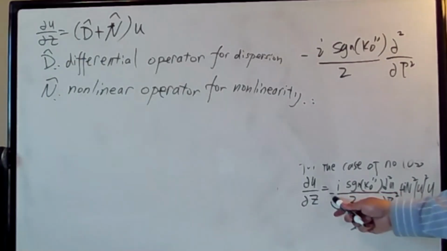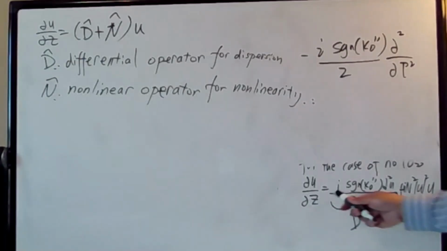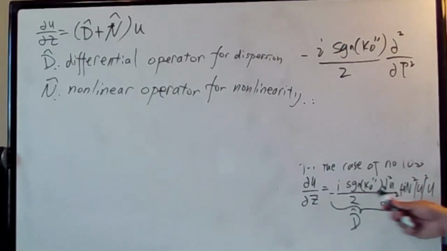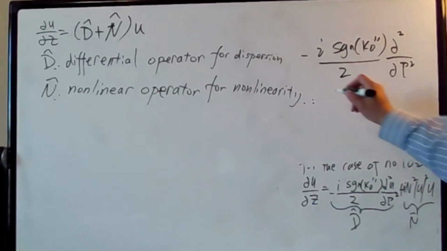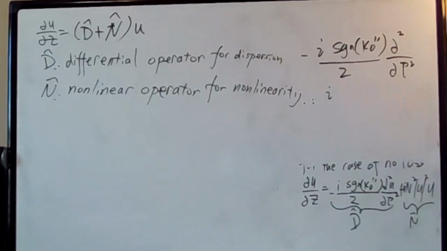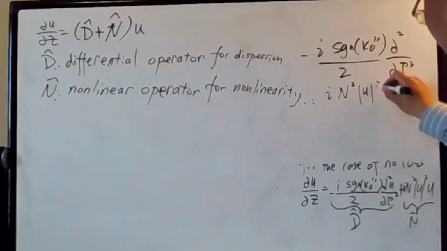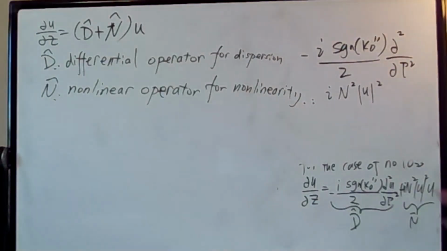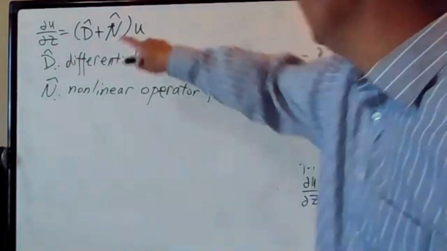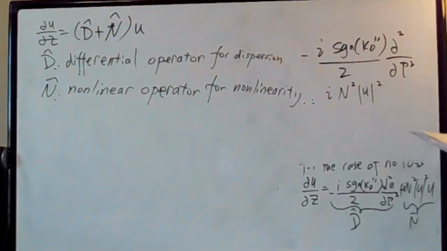If I move i to the right hand side, it should be a negative i here; it was a negative, so it's positive i. So the nonlinear operator is i n squared times the absolute value of u squared, because that's the operator that acts on u. In general, D and N act together.